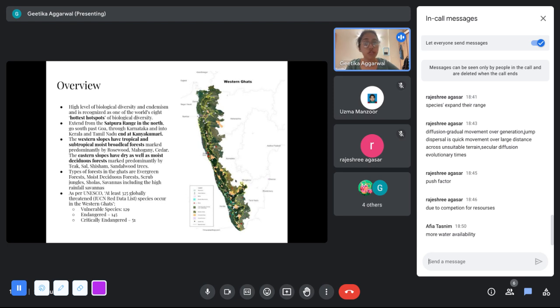More water availability, that is true, but how is more water available to the western slopes and not to the eastern slopes?